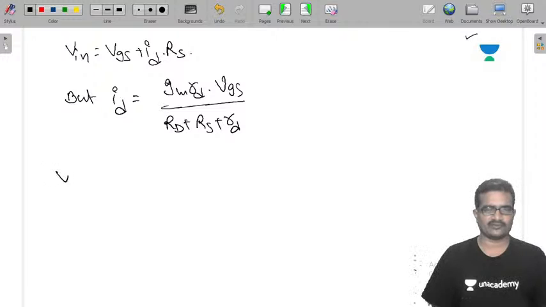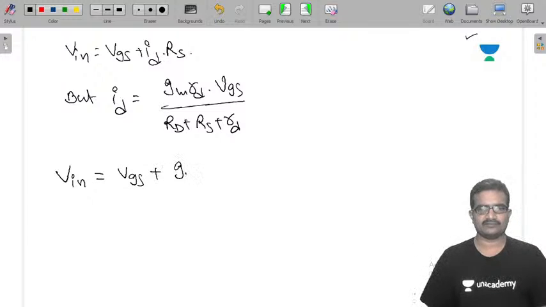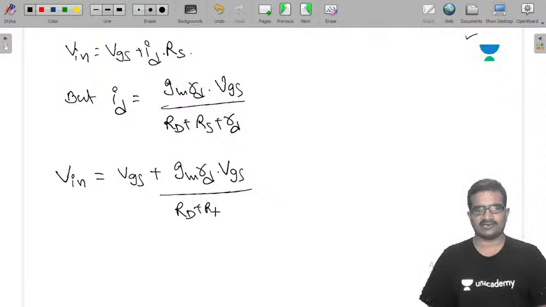Substituting this here, V input is VGS plus gm into rd into VGS into RS by (RD plus RS plus small rd).